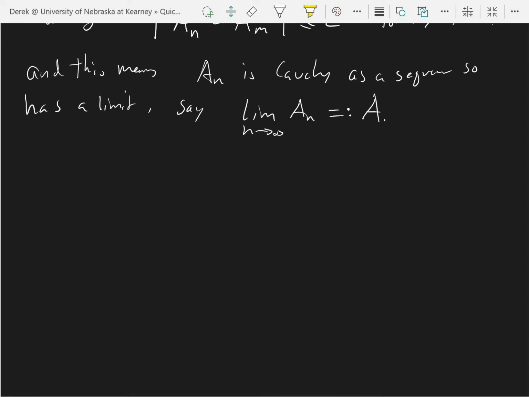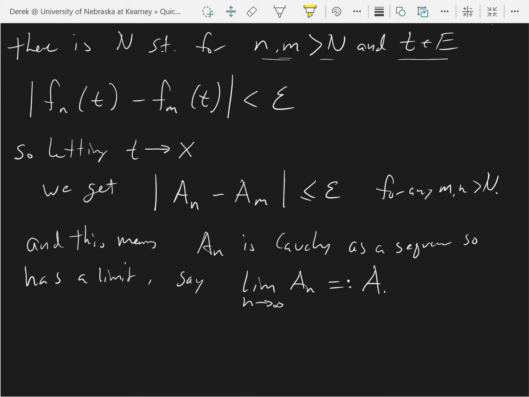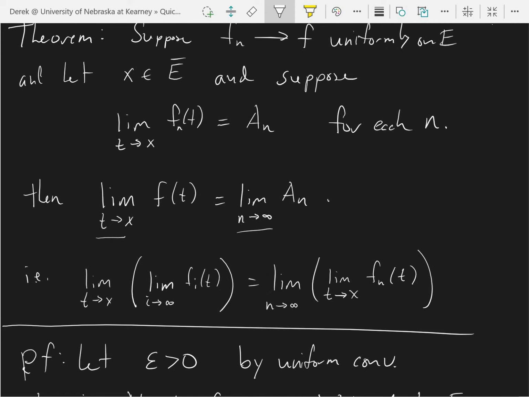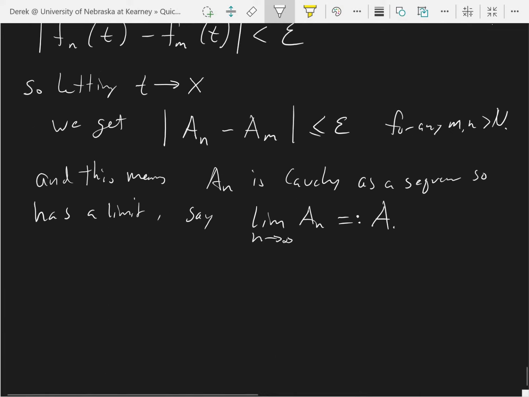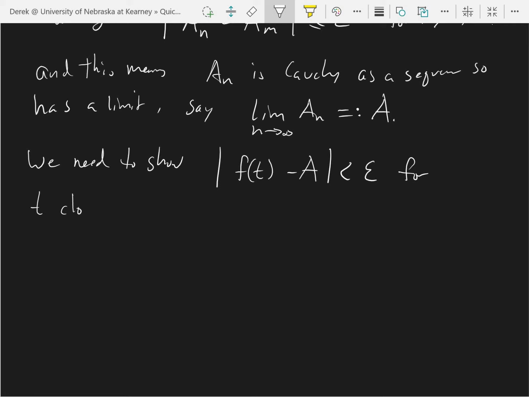So what I have to do now is show that a is the limit of f. What the theorem says is the limit of the a sub n's is the limit of f. So we need to show that the absolute value of f of t minus a is less than epsilon for t close to x.